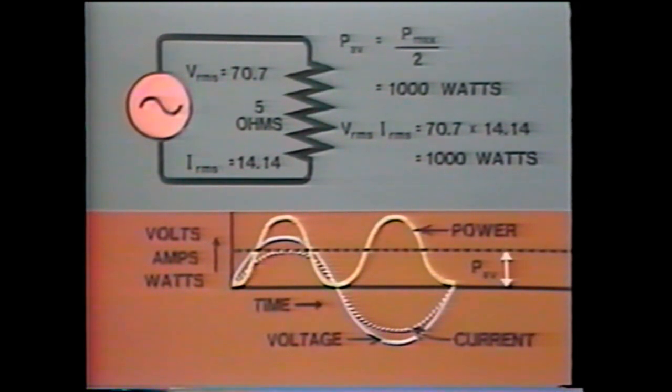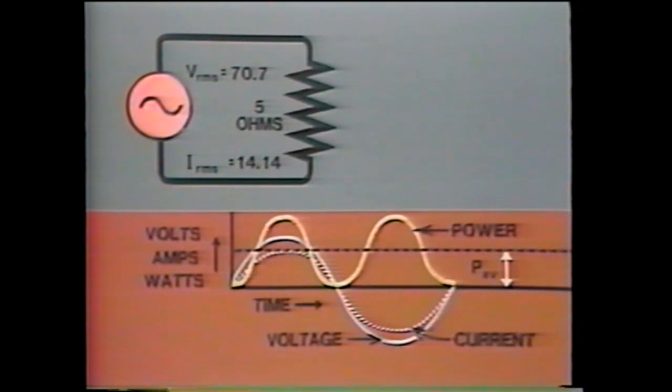Therefore, the average or effective power in a resistive circuit is simply the product of RMS voltage and RMS current.